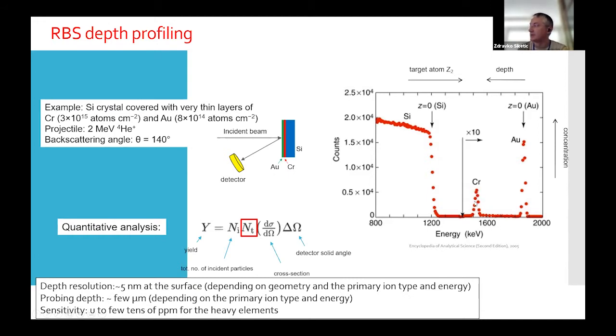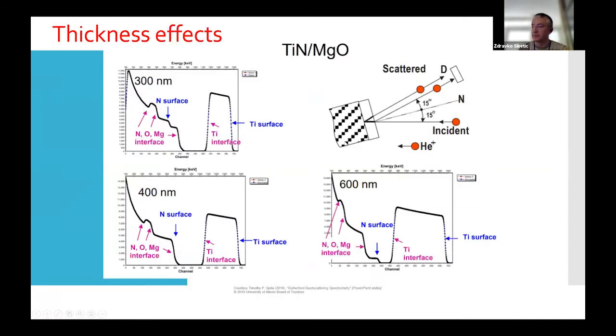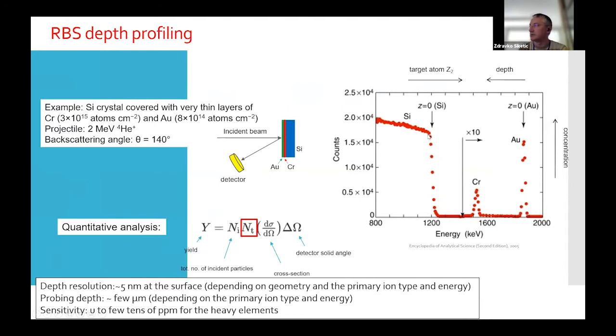You also see that this peak is lower than the gold peak, even though there is more chromium than gold. This is because the cross section, which goes with Z squared, is much higher for backscattering helium from gold than helium from chromium. And at the end, you have this continuous spectrum, which corresponds to the silicon from the substrate.